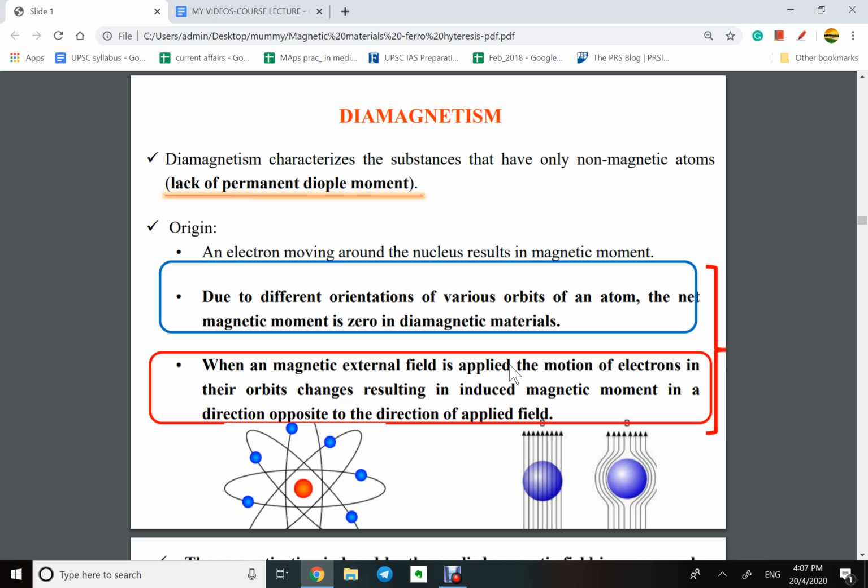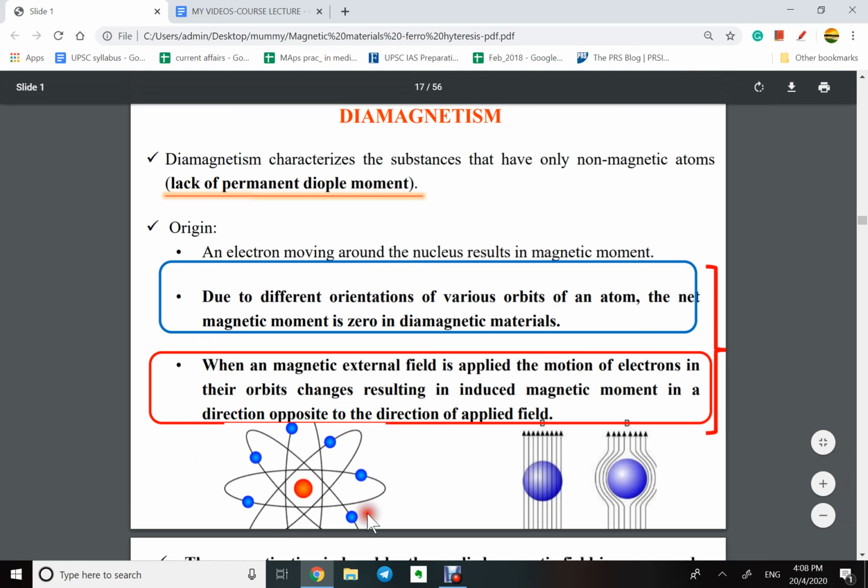Why are there no permanent dipole moments? The reason is given here. An electron moving around the nucleus results in magnetic moment, that we know. These electrons are moving in different orbits. The orbits are oriented in a different way. So due to different orientation of various electron orbits within an atom, the net magnetic moment is zero in diamagnetic material.